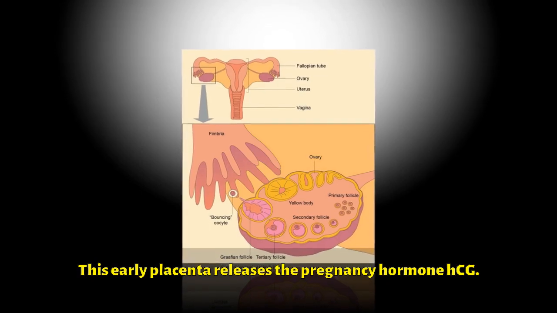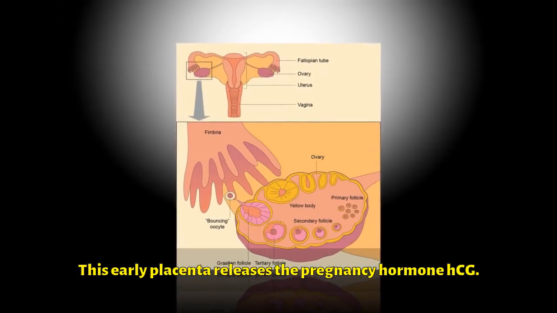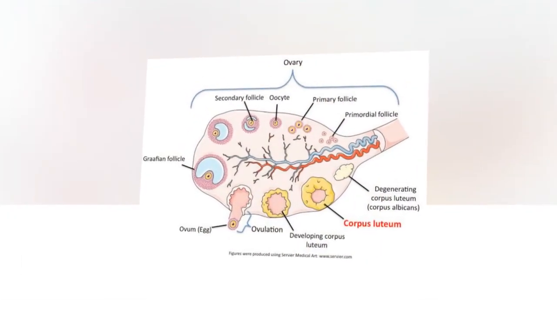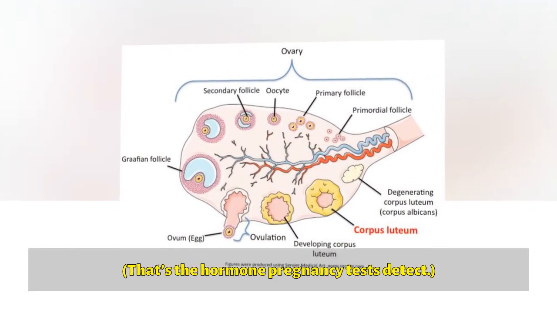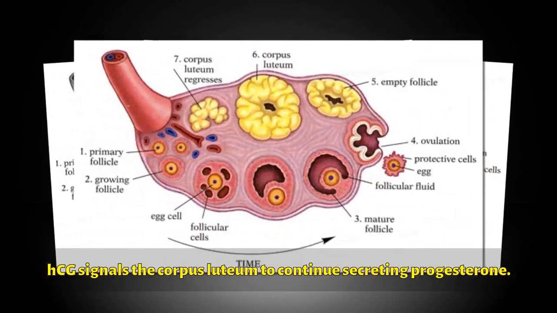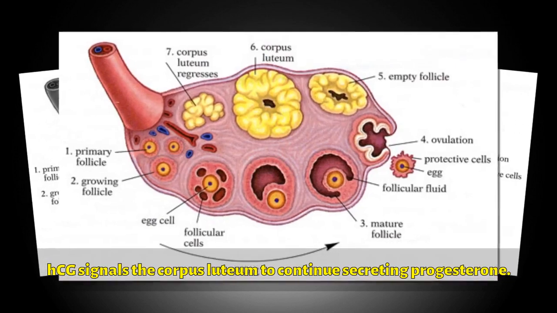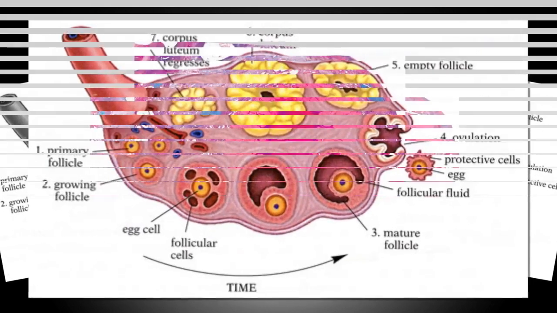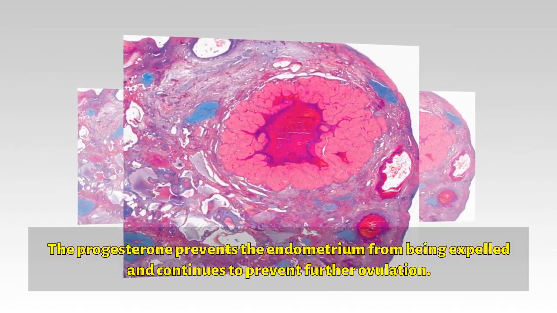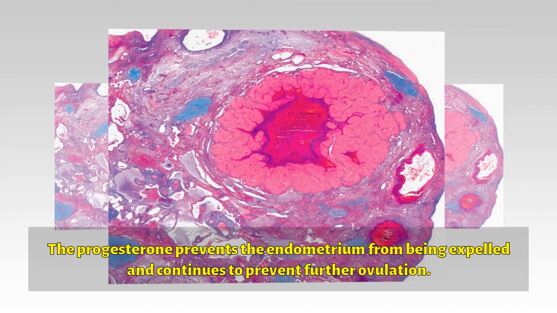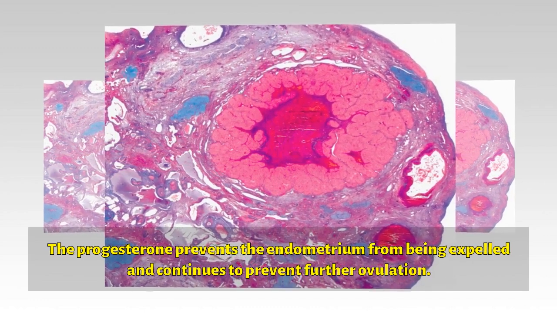This early placenta releases the pregnancy hormone HCG. That's the hormone pregnancy tests detect. HCG signals the corpus luteum to continue secreting progesterone. The progesterone prevents the endometrium from being expelled and continues to prevent further ovulation.